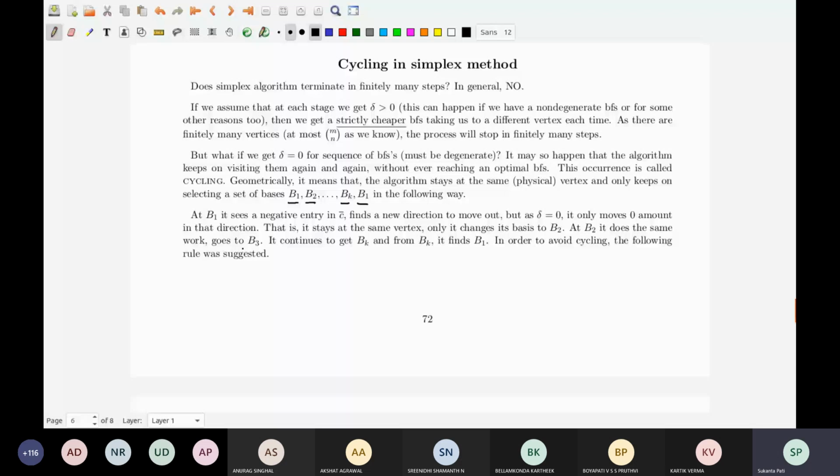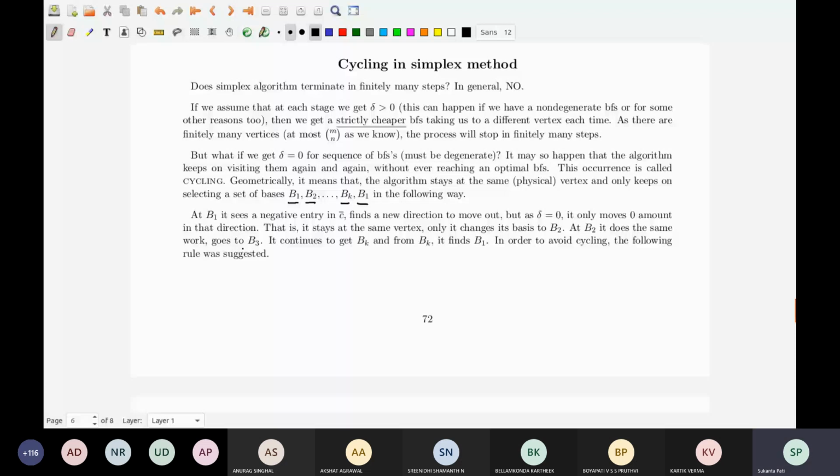So that is a problem. This happens in degenerate cases, that is, when you have zeros in the B bar column. That means the vertex has too many zero entries. The basic variables have value 0. That is when it can happen.